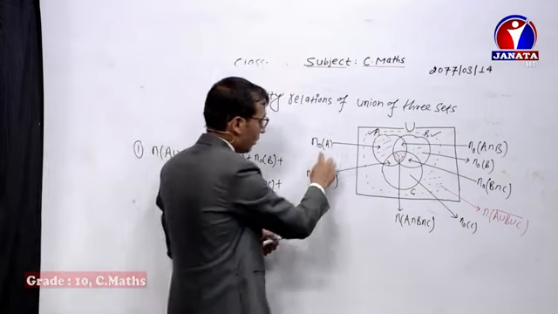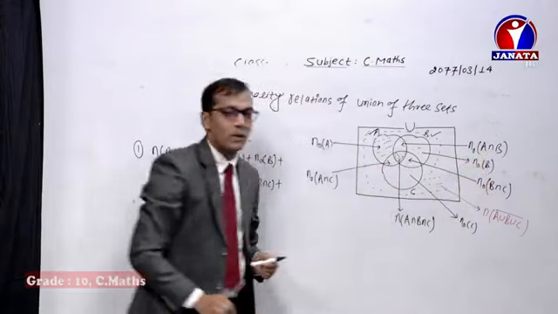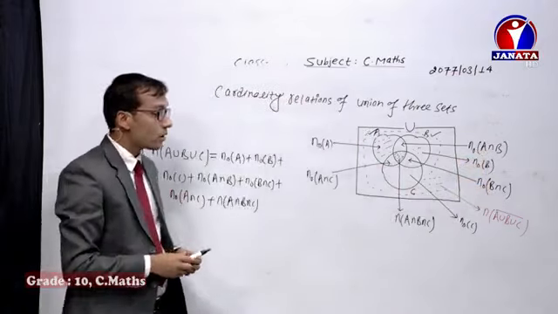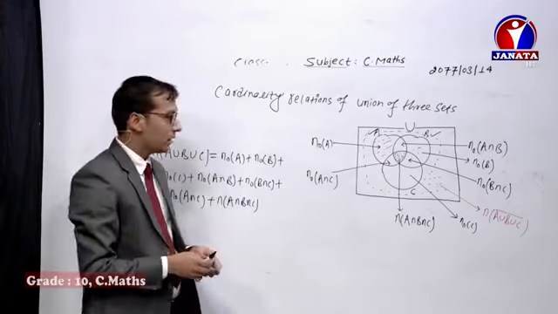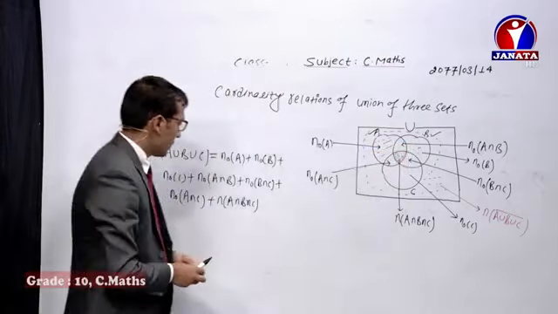So there are a total of 7 regions which lie in n of A union B union C.